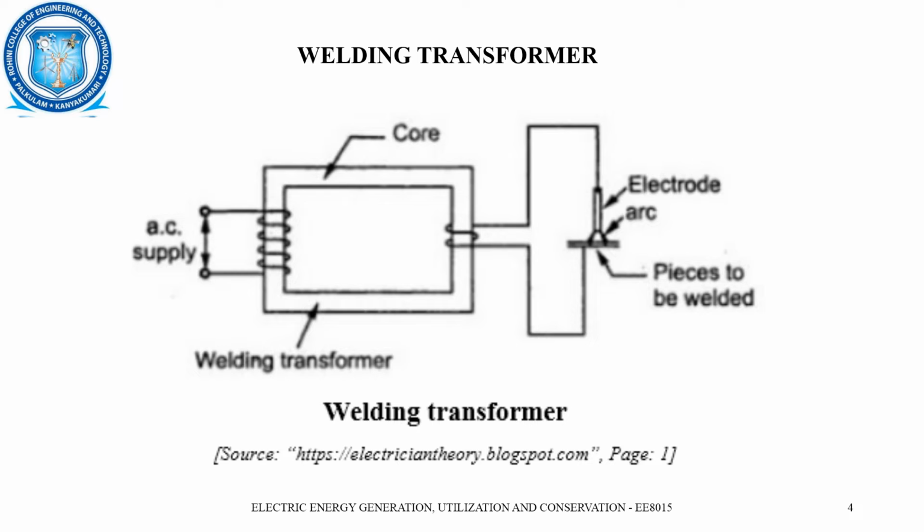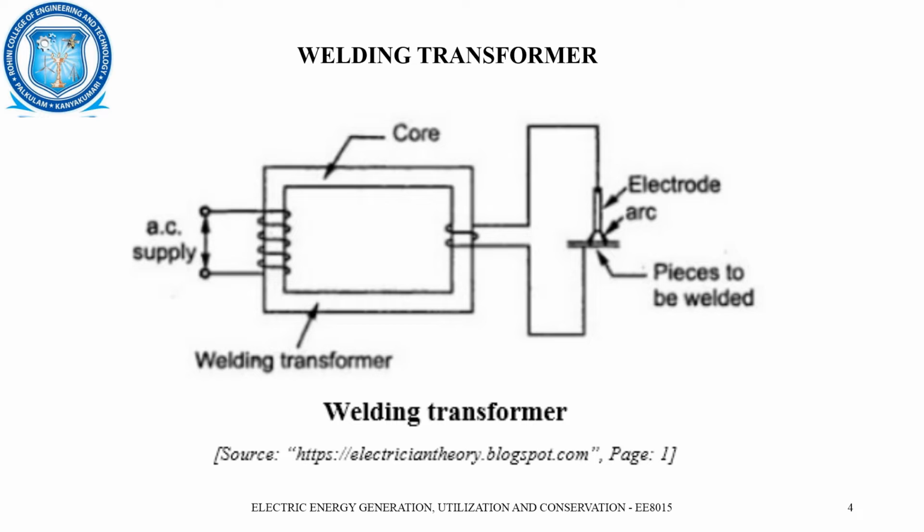Now, one end of the secondary winding is connected to the welding electrode and the other one to the welding piece. Unnecessary current will flow due to the I square R loss. The amount of heat produced increases as current increases, and proper welding between the pieces can be executed.